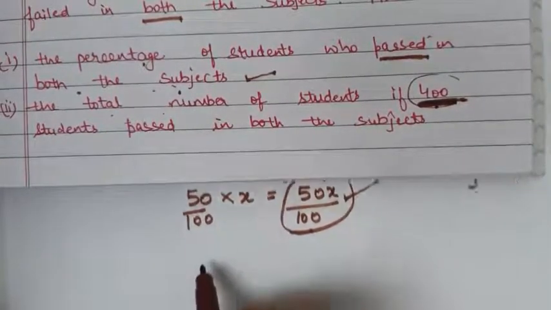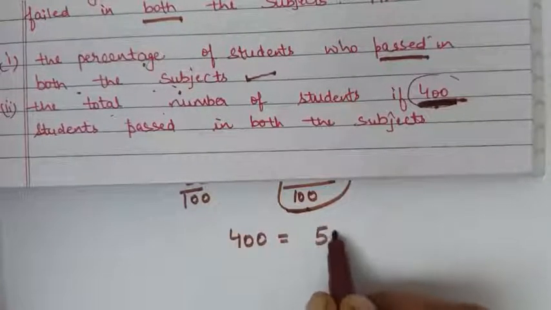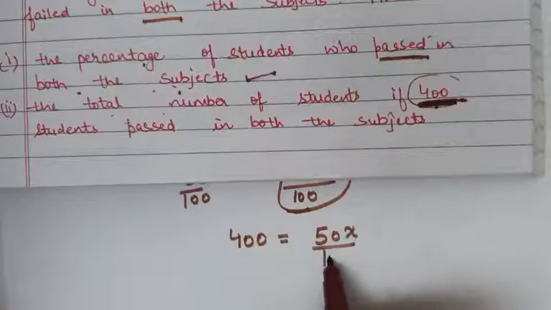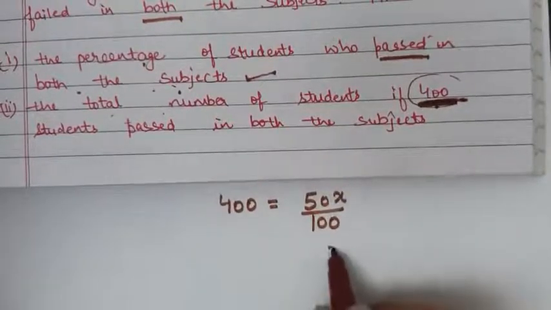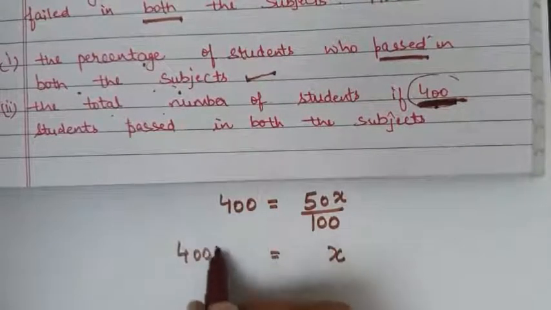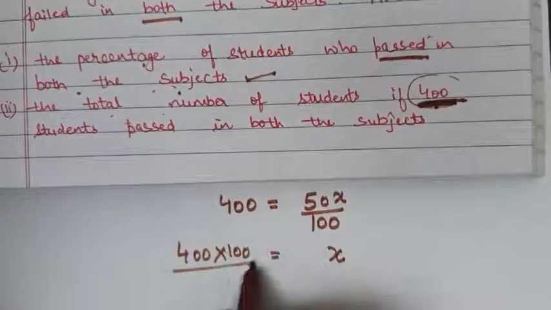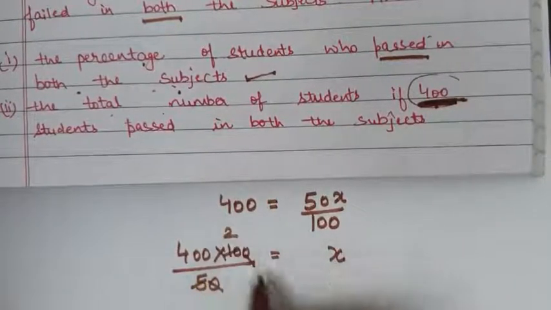And in the question it is also given that 400 students passed in both the subjects. So according to the question, 400 will be equal to 50X upon 100. Now X will remain here, 100 upon 50 will become, so now cancel, cancel.